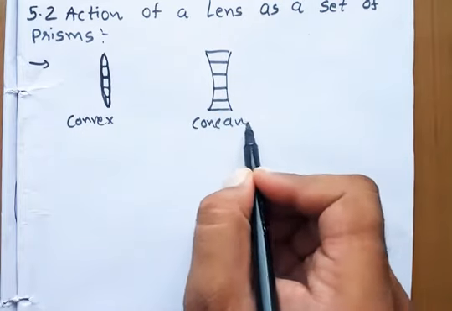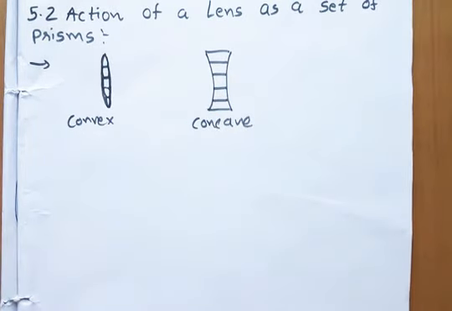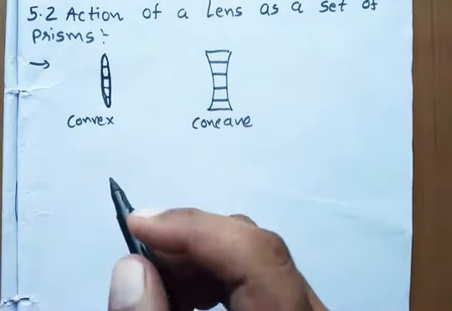So this is how we can cut the lenses. Now if we cut these lenses into even smaller pieces, then what happens actually?